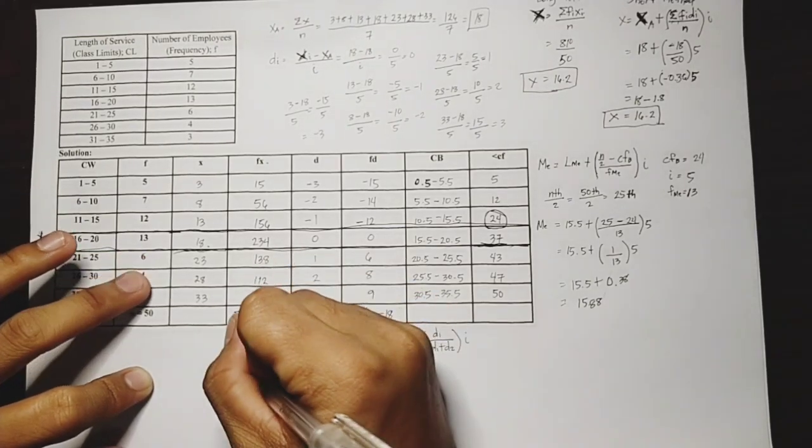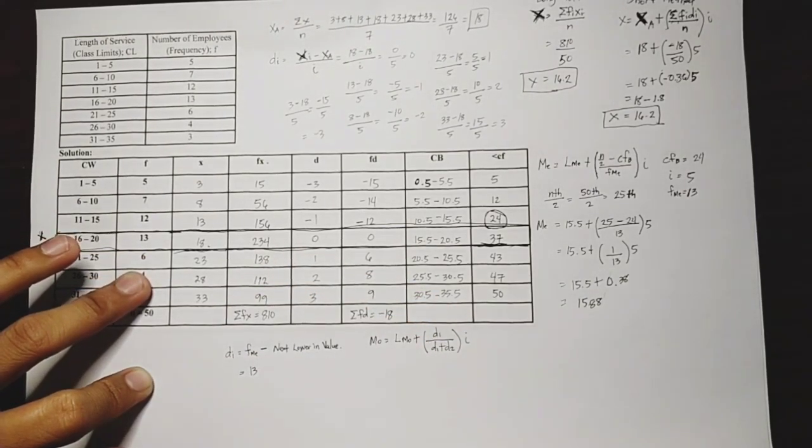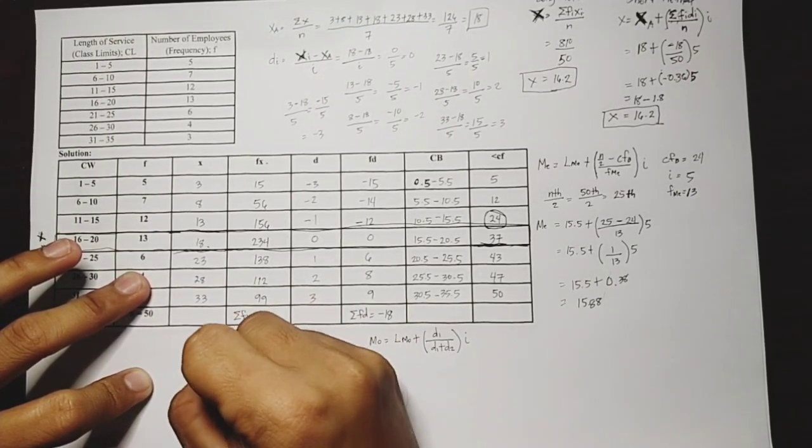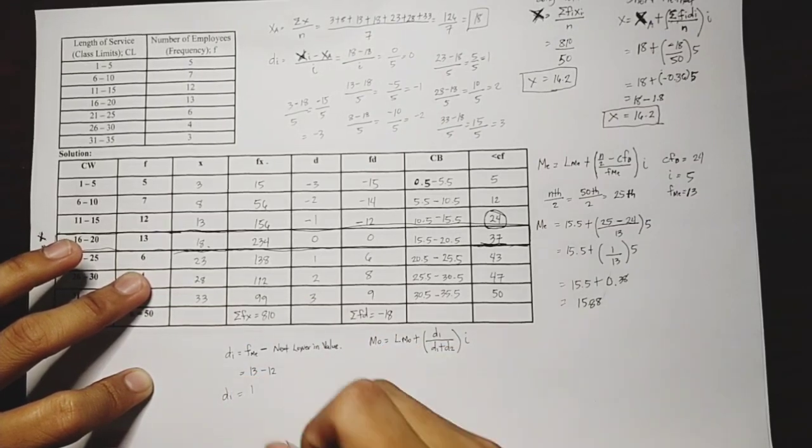So, you have here 13 minus 12. Your D1 is equal to 1.